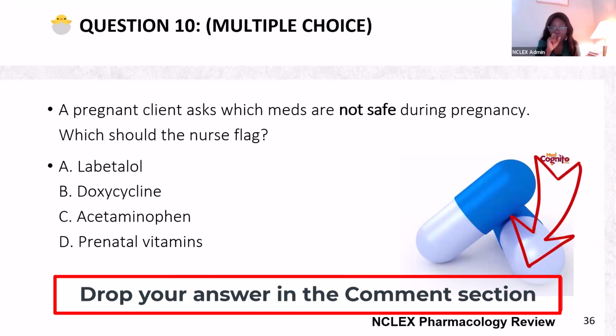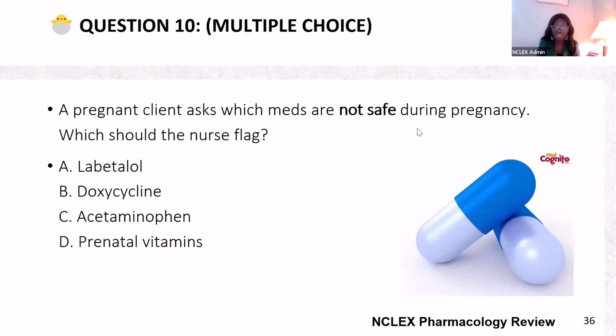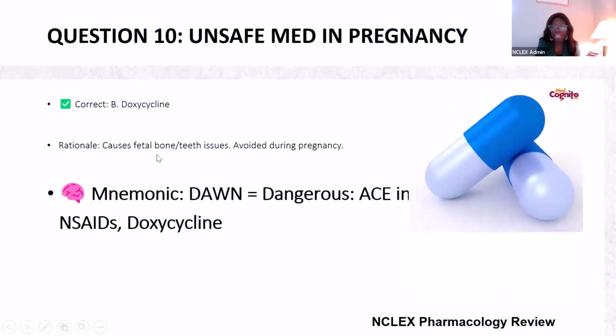Let's go. This is important. You must know it. We have doxycycline here. What else? Doxycycline. Any other? We have B, doxy, okay. B, everybody choose B. Well done, everybody.